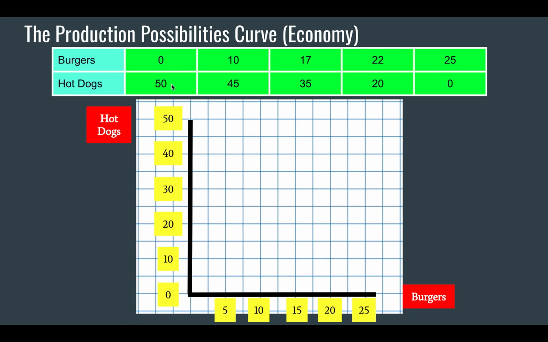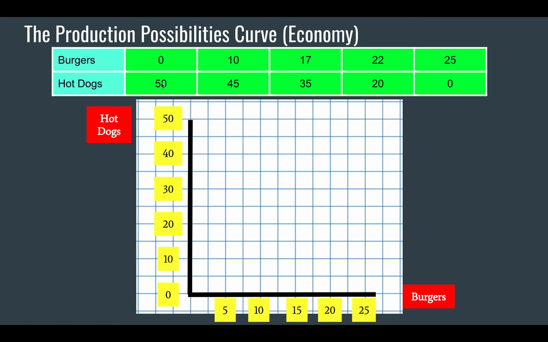So if we devote every single factor of production, which is limited and has alternative uses, to the production of hot dogs, well then we cannot produce any hamburgers. All right, because we've said it's limited, it has alternative uses. These factors of production could be producing burgers. We're saying, how much could we make if all of our factors of production were used efficiently just in the production of hot dogs?